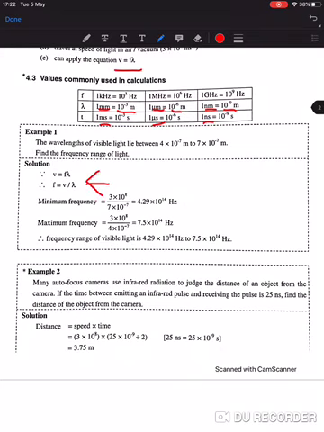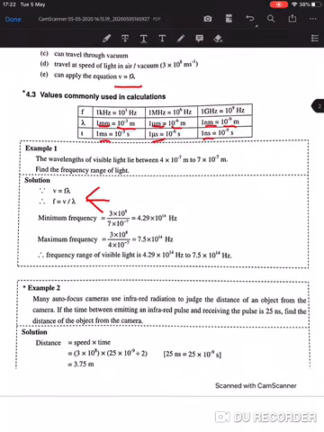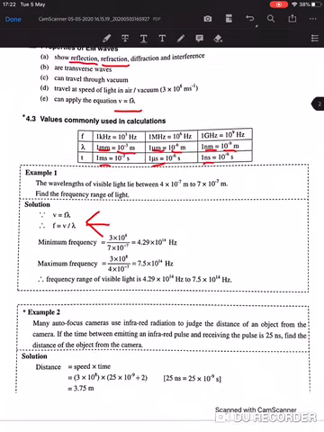For example, frequency is equal to V over lambda. And in here, as this example shows you, we have the speed of light.